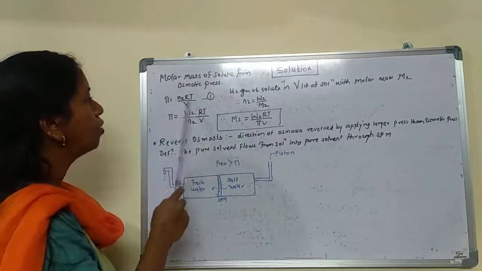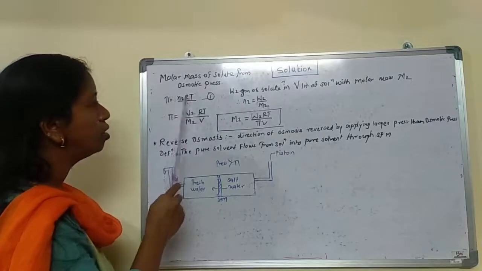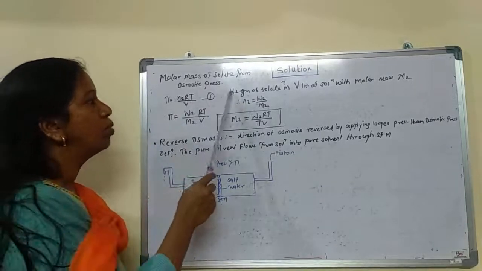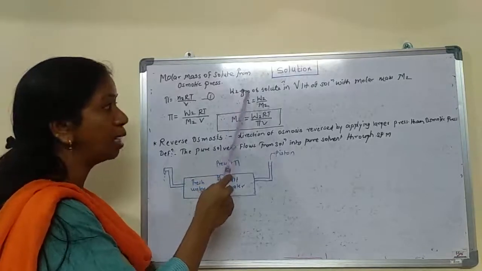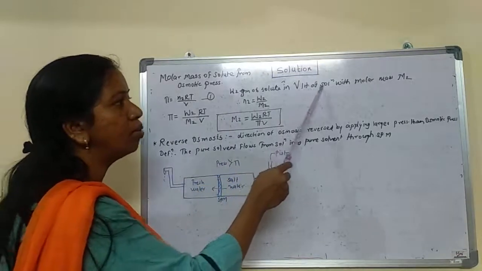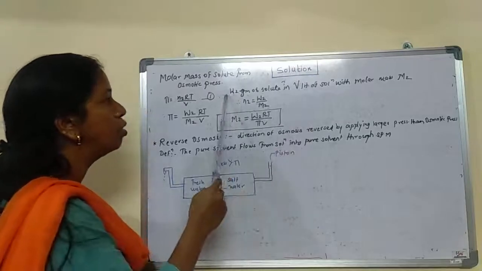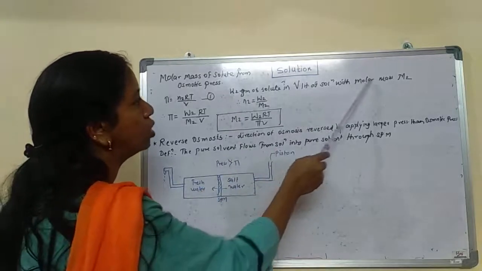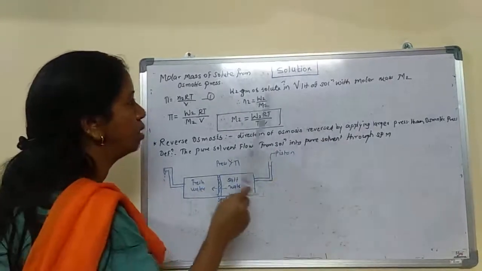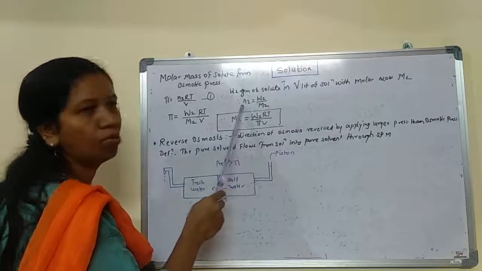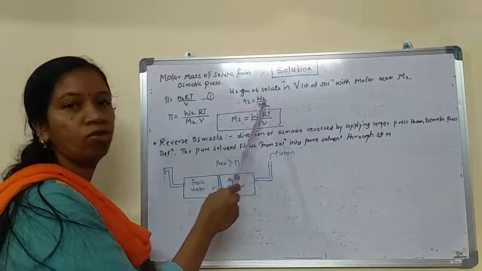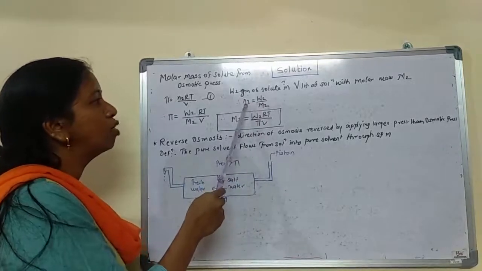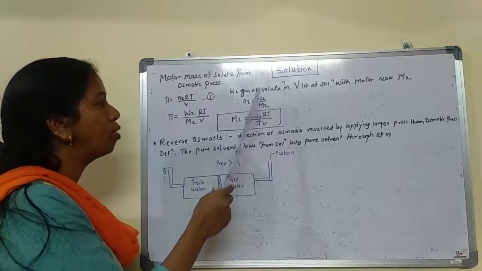Now if we take W2 grams of solute in V milliliters of solution, with molar mass M2, then the number of moles is the weight of solute upon the molar mass of solute. So the number of moles of solute is given by W2/M2.